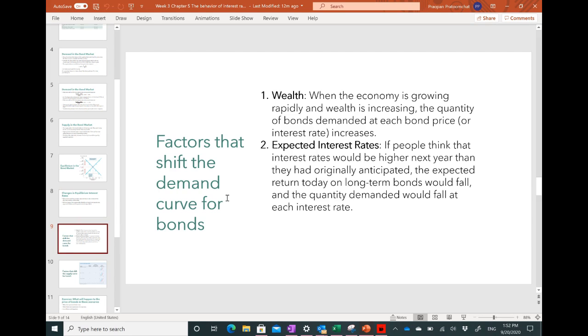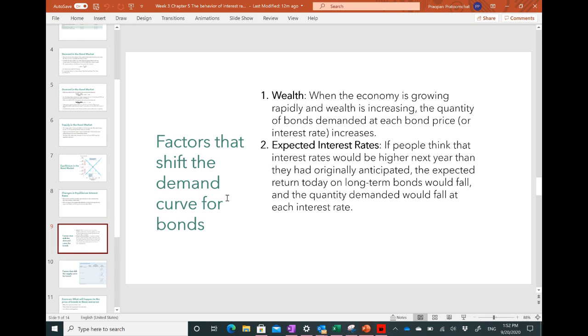The rate of return comes from two parts. The first part is coupon payment per year. The second part comes from the difference in the price. You expect to sell at a higher price in the future, right?